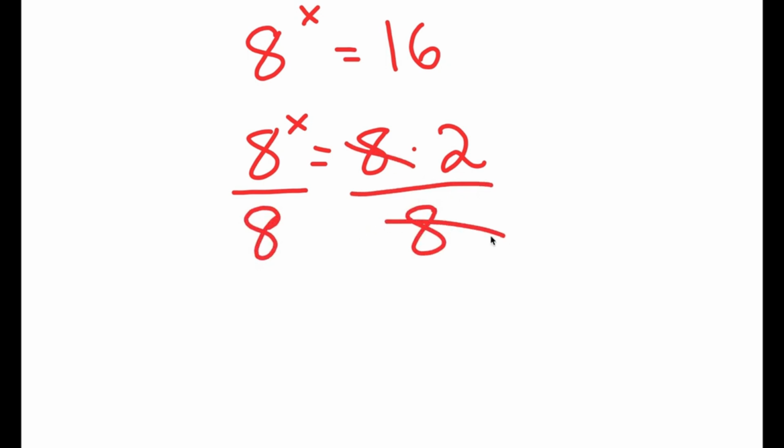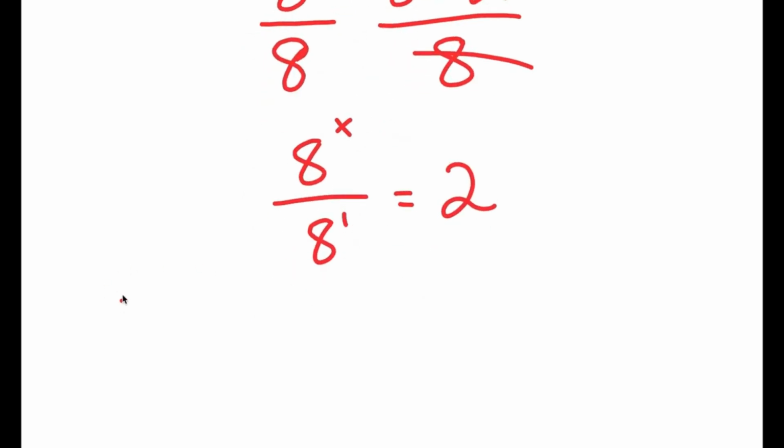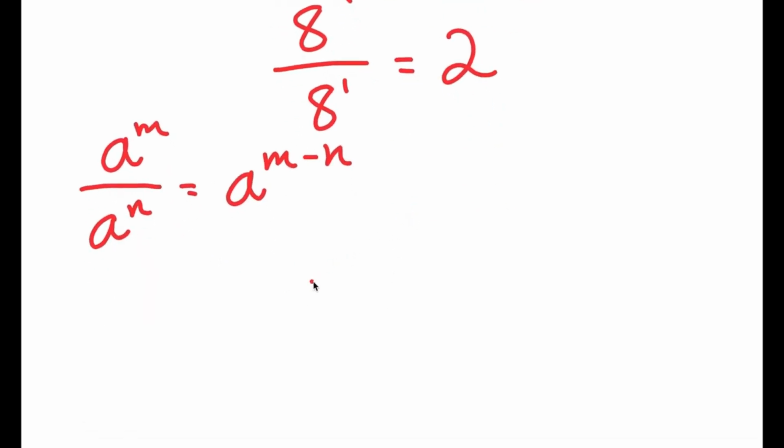So then these two cancel out, and I get 8 to the power of x over 8 is equal to 2. Now, if I have something in the form a to the power of m over a to the power of n, this is equal to a to the power of m minus n. So a to the power of x over a to the power of 1 is equal to a to the power of x minus 1, which is equal to 2.